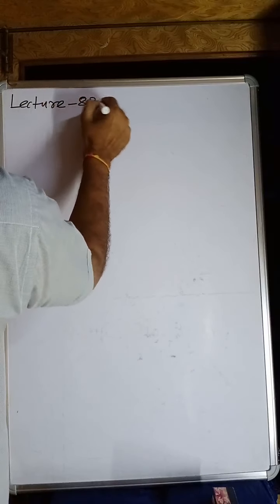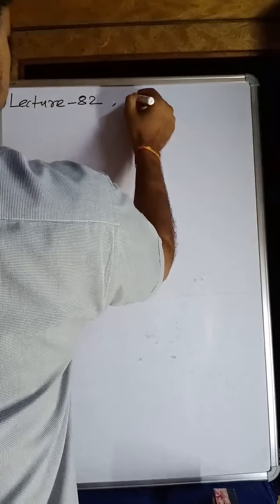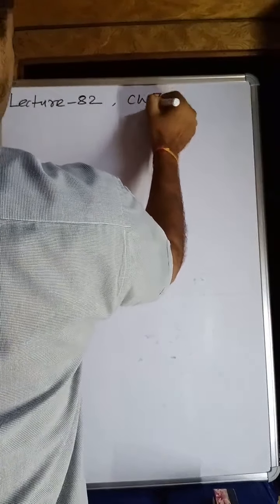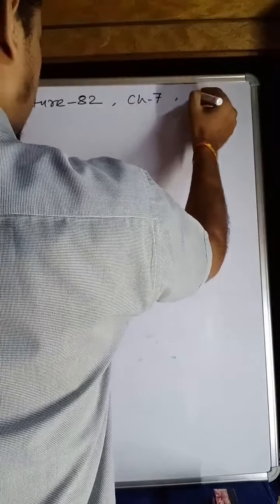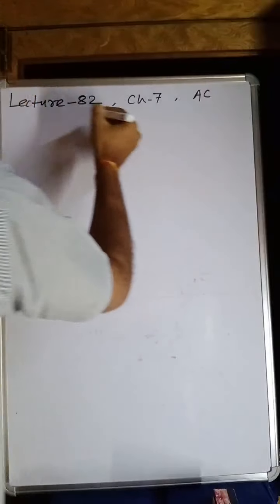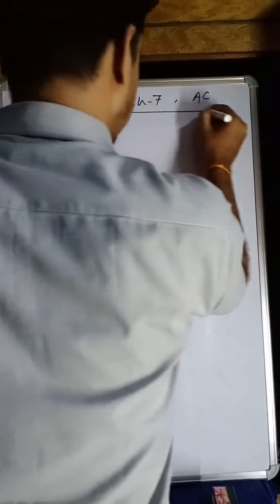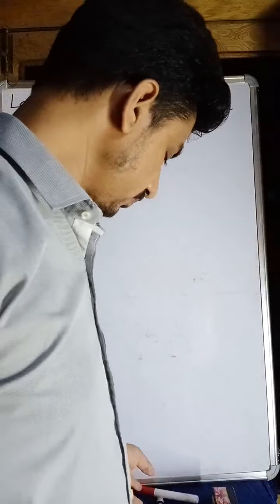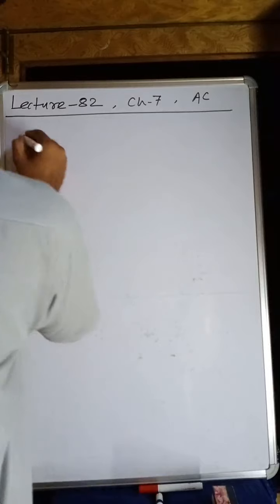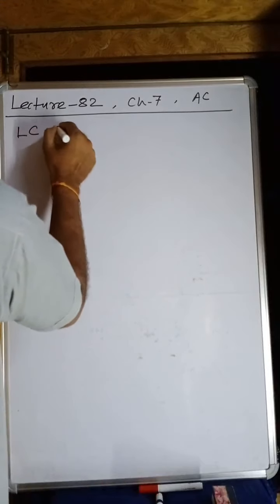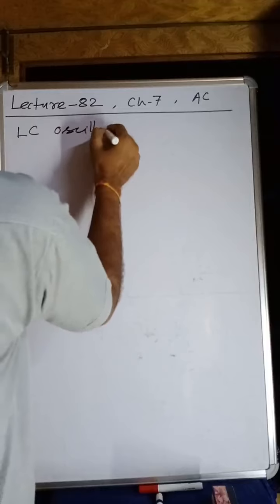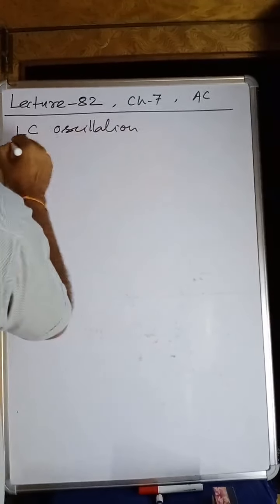Lecture number 82 of chapter 7 NCERT, alternating current. I hope you have watched my previous videos for a clearer idea about this particular topic, that is LC oscillation.